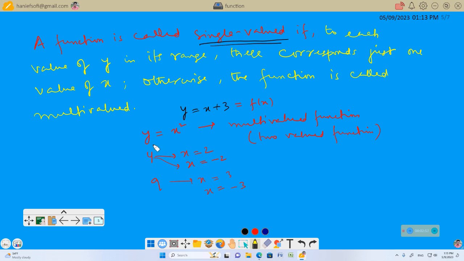You can see corresponding to each y, there are two values of x connected to one y, right? Here, this y is equal to x square is a two-valued function. If x is 2, y is 4. If x is minus 2, y is still 4. So it's a two-valued function.